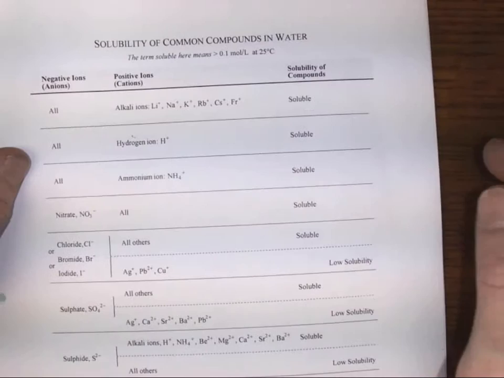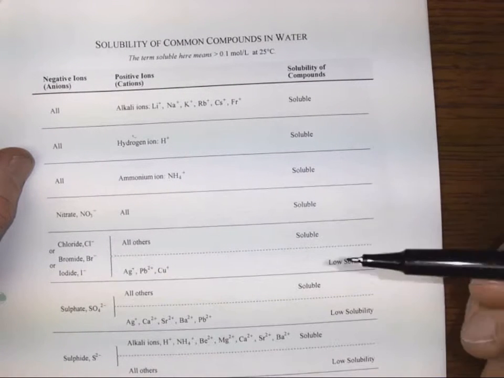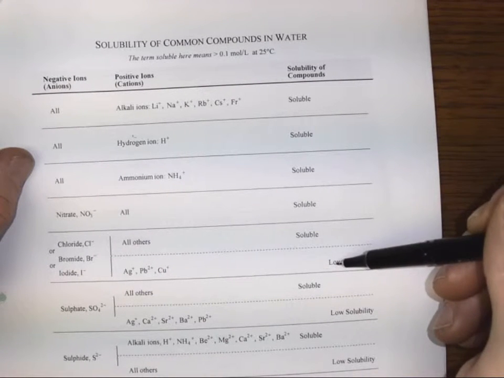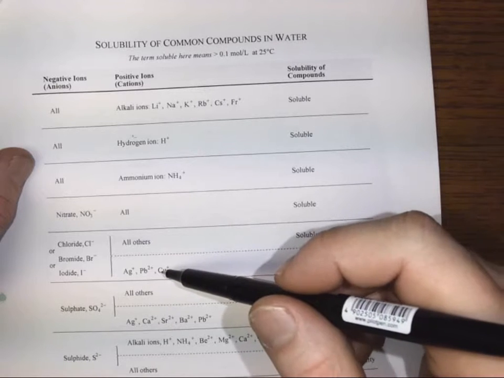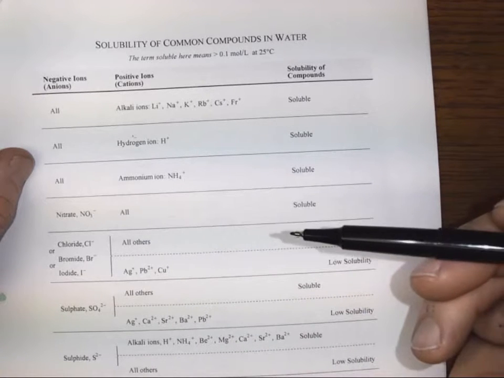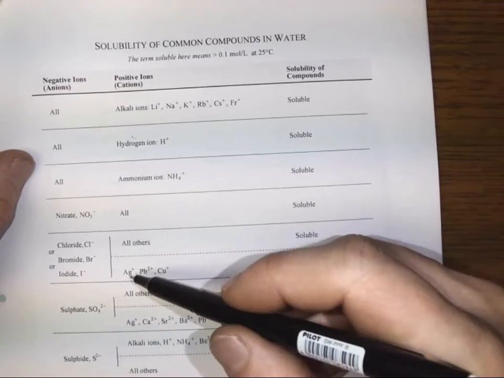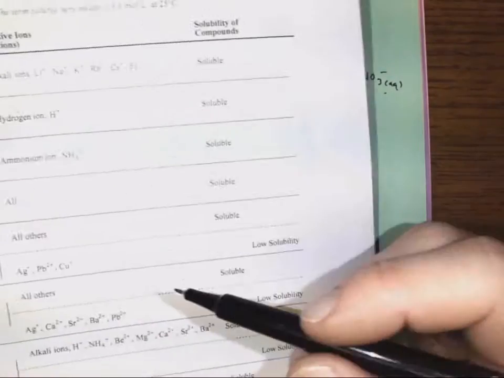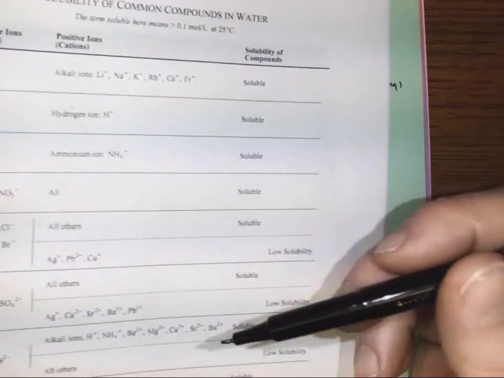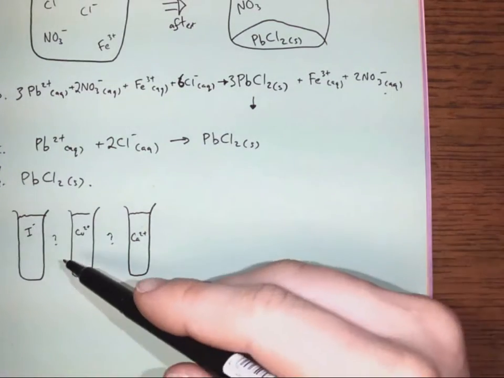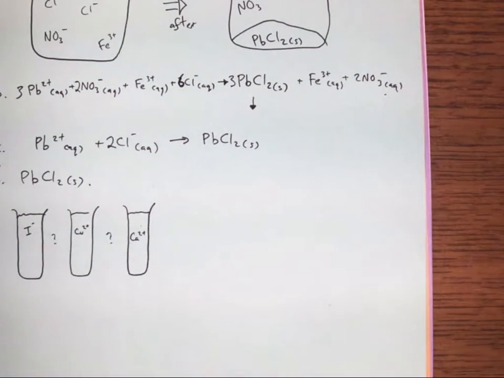Iodide forms a low solubility compound with lead, copper, and silver. Okay, maybe that's not a great idea, because then we're going to add lead, copper, or silver, and that's going to somehow contaminate the other ones.